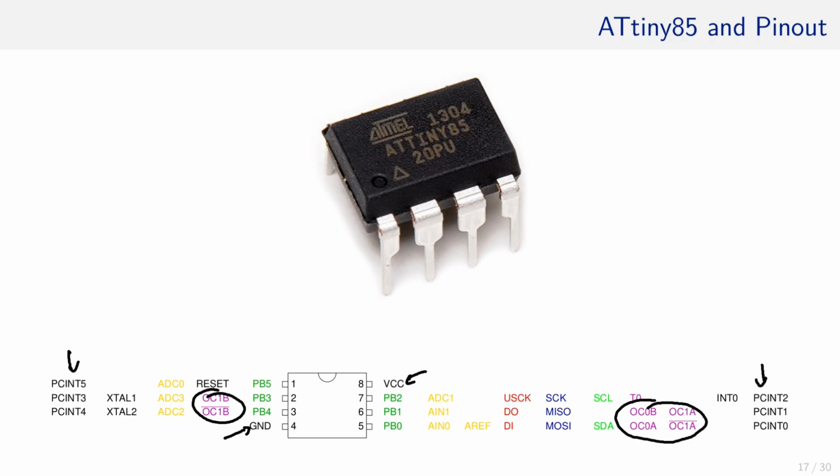And we do not have port C and port D, but only 6 pins of port B. As you can see, here is I2C, SPI, and something called DO, DI, and USCK. These pins are shared among all the communication protocols.